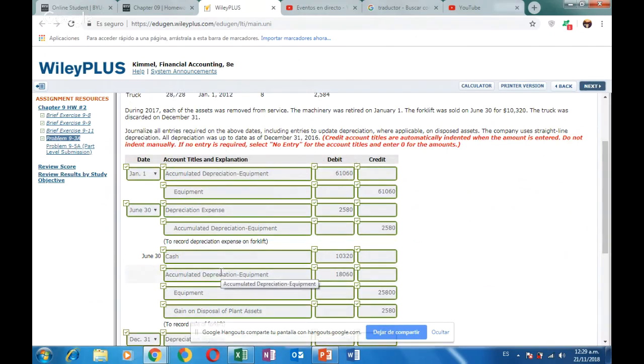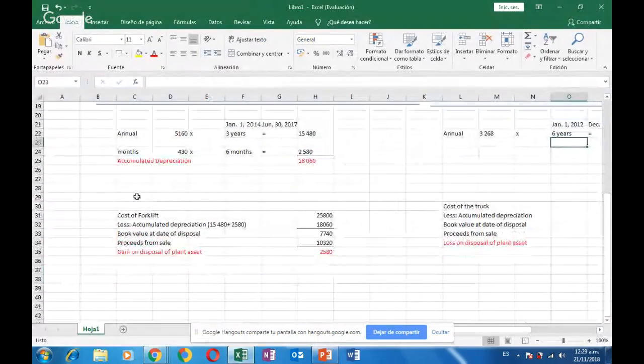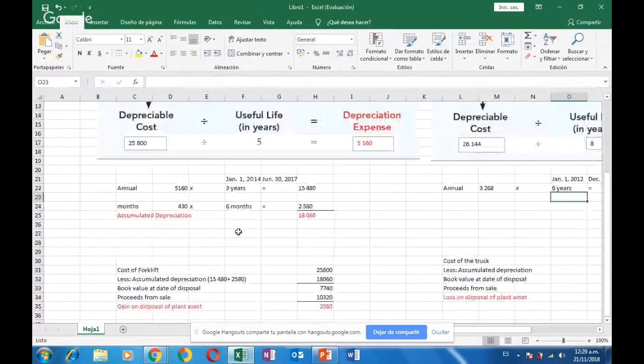To find the total accumulated depreciation, equipment, I did these operations, and we need to calculate the total accumulated depreciation.